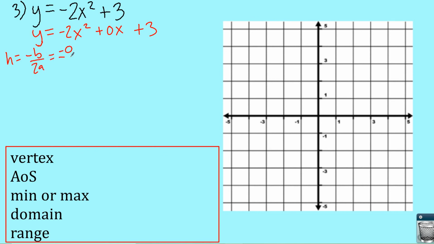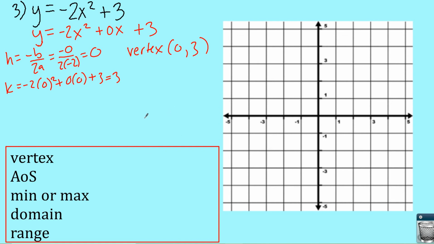So negative 0 over 2 times negative 2. So it's just 0. So our vertex is at 0, comma what? Gotta plug it in. So I plug in 0 for x, and I should get 3.